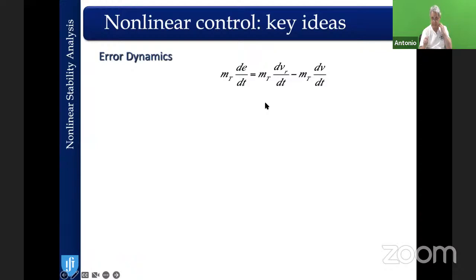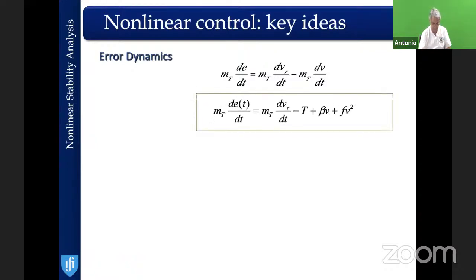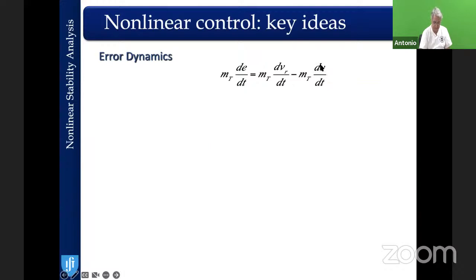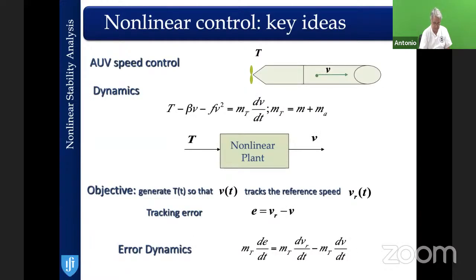It's not clear how we are going to do this, but let's start expanding this. So mt dE dt, there's nothing you can do about that. mr dvr dt, you know that. And now notice that here I have dv dt. So I go back to the model, and you have dv dt here.